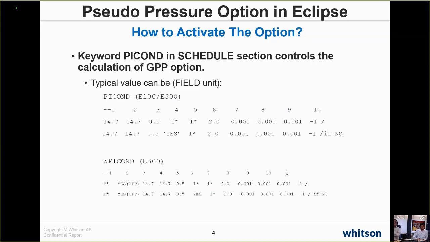So what Eclipse does, once we activate a GPP option, is make a pseudo pressure table, and it has that integral, the way we saw, of mobility from reservoir pressure down to bottom hole flowing pressure.